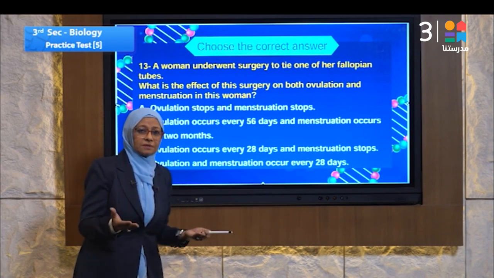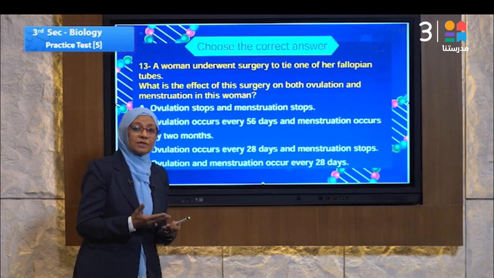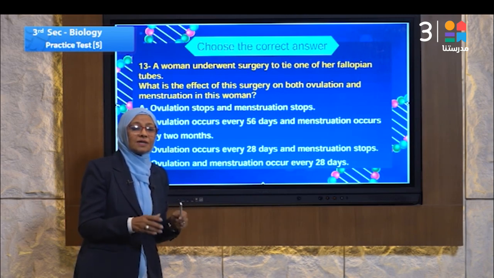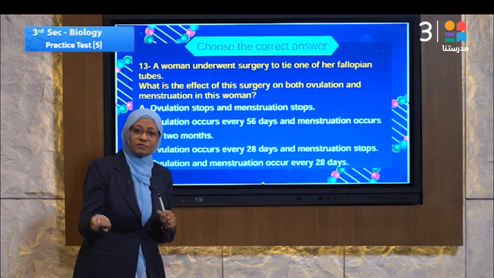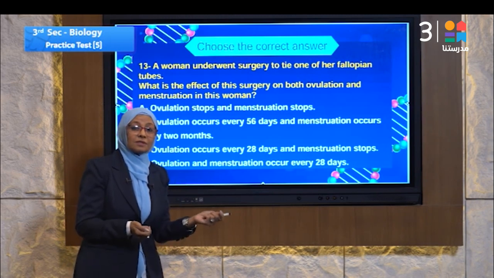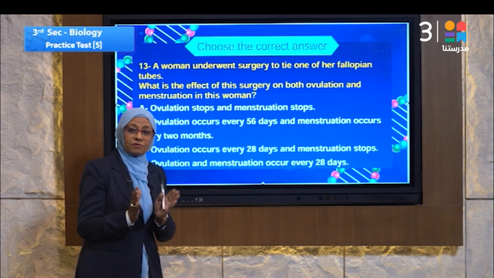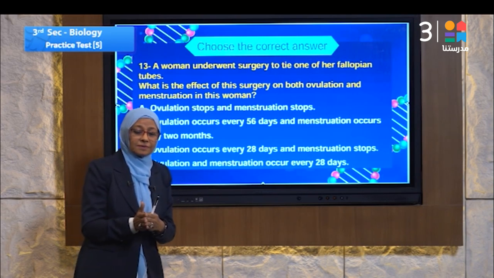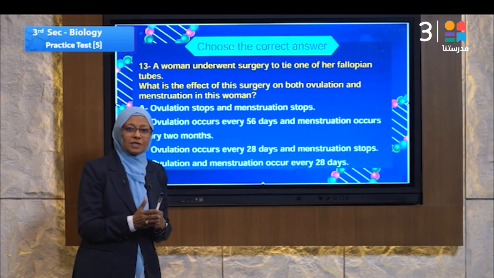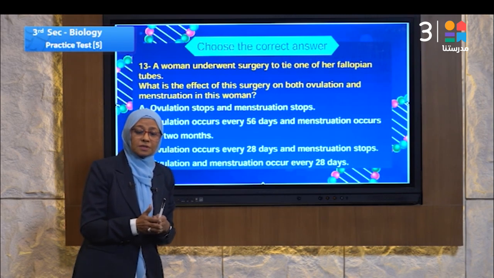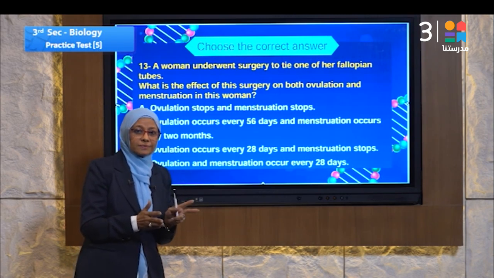It's not affected, because ovulation is done without any interference. We tie the fallopian tube, which connects the ovary and the uterus, so it does not affect the ovary. Ovulation is done. The ovary works; the 2 ovaries work and make ovum.